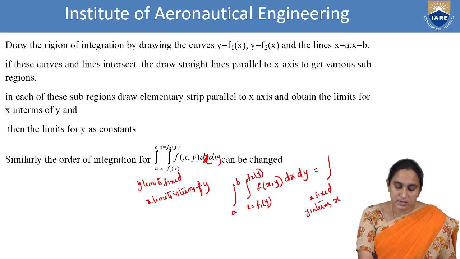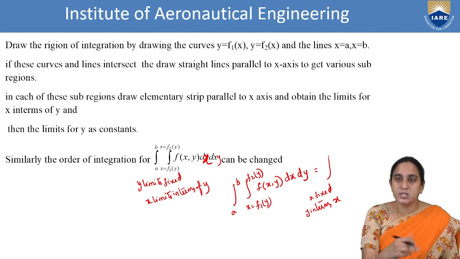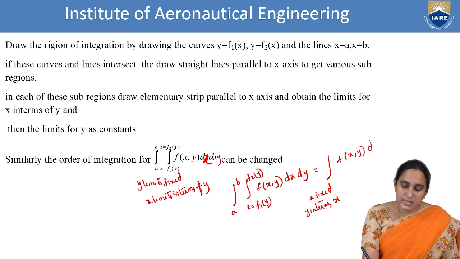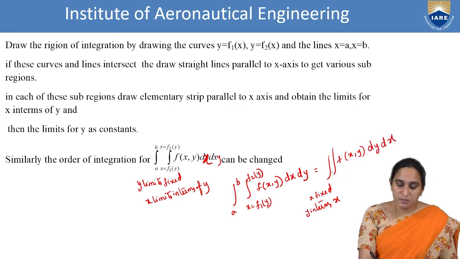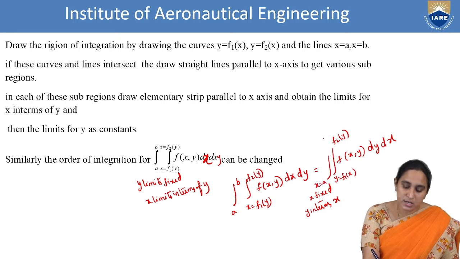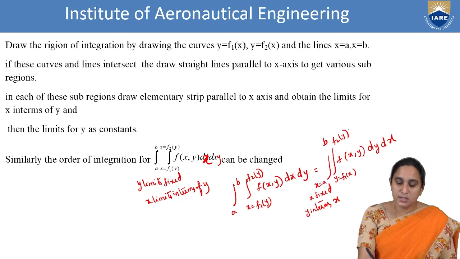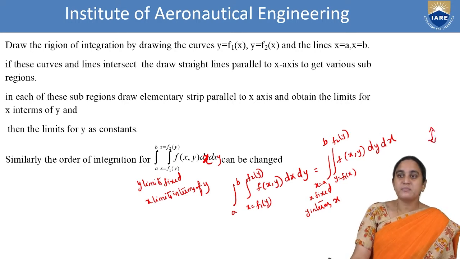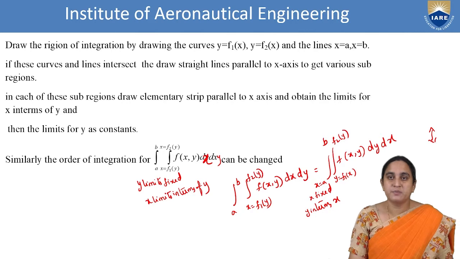By using change of order of integration, I convert that into f of x y dy dx form, that is the double integral with y limit points from f1 of x to f2 of x, and x limit points a to b. How do I convert this? By using a vertical strip.